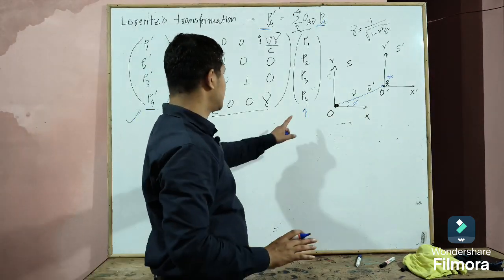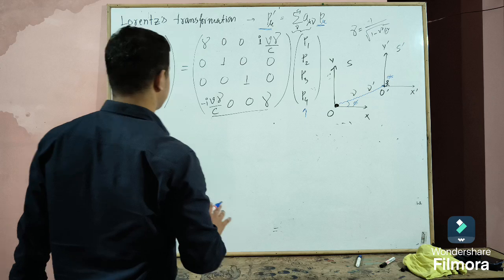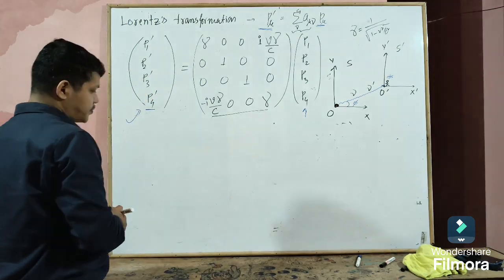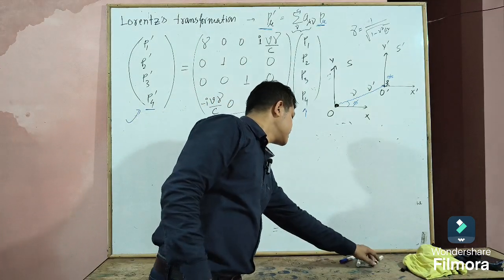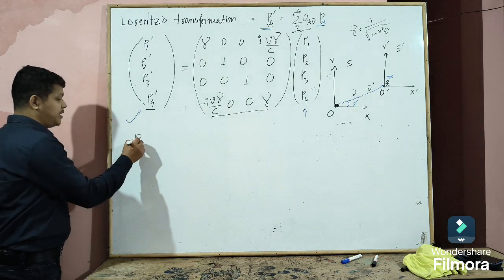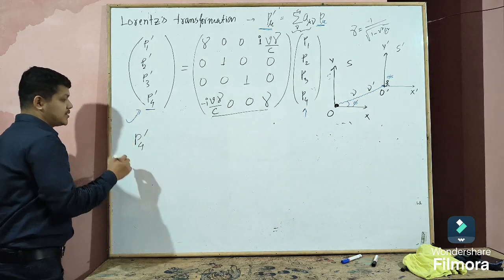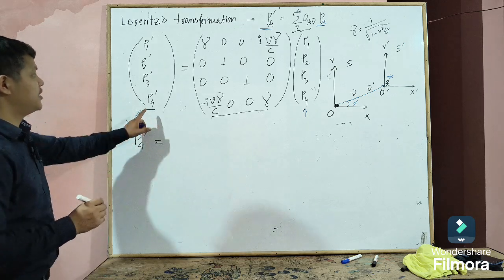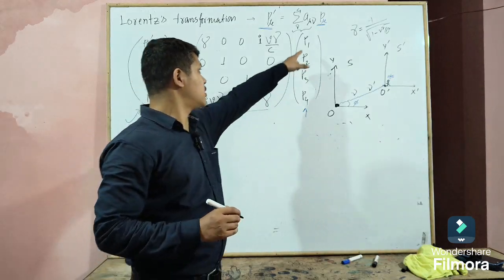Now with this time component, let's take this. Now you see here this P4 dash is going to be equal to its corresponding row into this column.